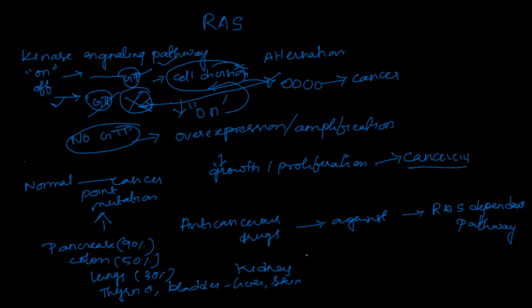Also, one peculiar thing which I have read and was interesting for me is that the RAS gene mutation is actually used to detect certain cancers. Pancreatic cancer is actually very difficult to diagnose.